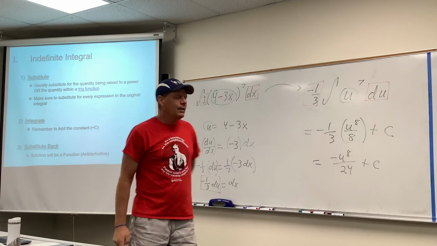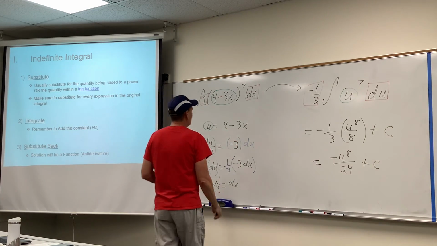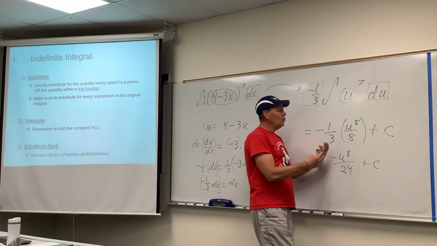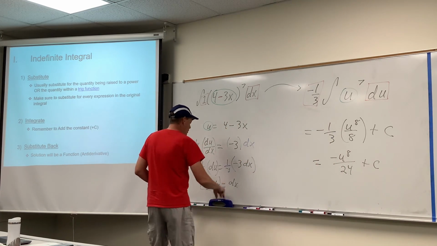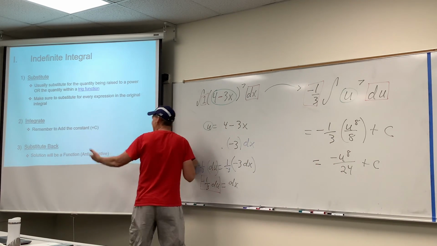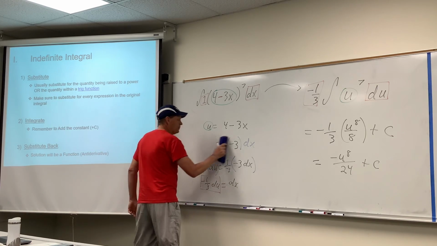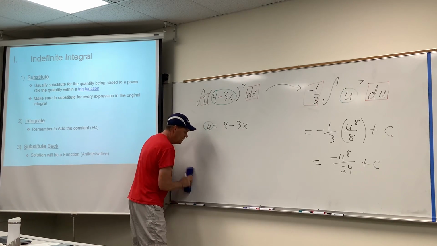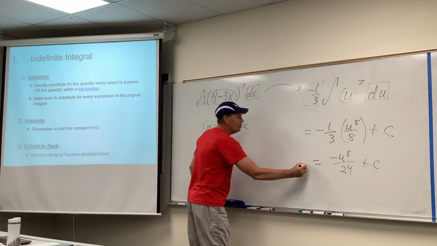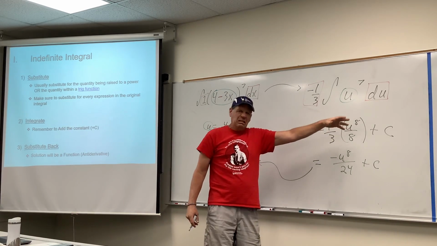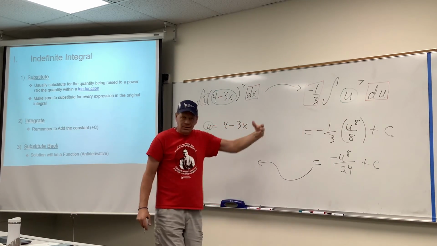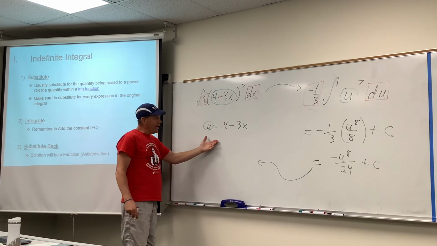Now it's easy to forget that you ran away with u and integrated and everything. But you want to always go back and substitute back. You're just using u temporarily, and then you run back to your x.